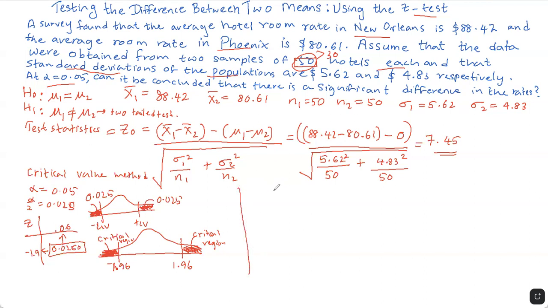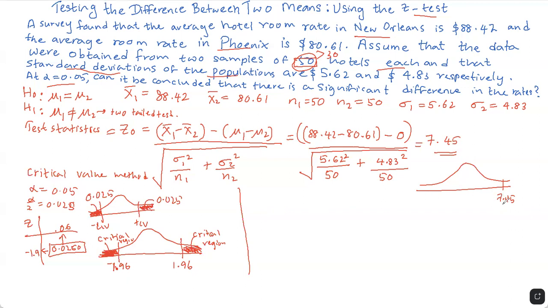So let's find out the p-value in this case. As you can see, the test statistic is a very large positive number. If you look at this distribution, 7.45 is in the tail, right? If you look at the z-score in the table, you won't be able to find 7.45, because the maximum z-score in the z-table is around 4.